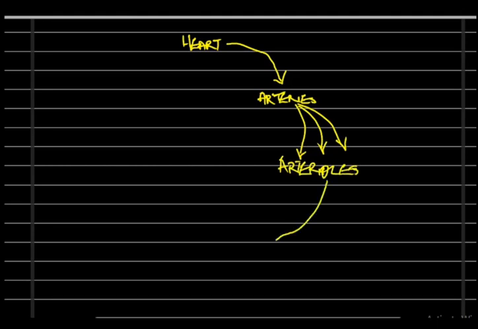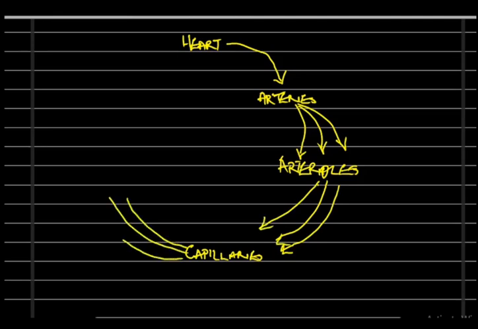These arterioles branch into what is referred to as the capillaries, and the capillaries branch also to form what we refer to as the venules. And then these venules lead to what we refer to as the veins.